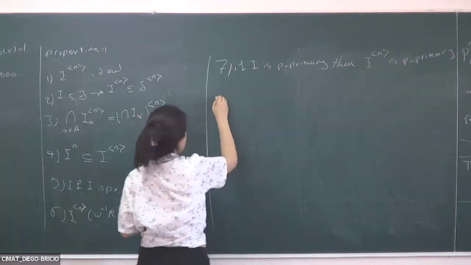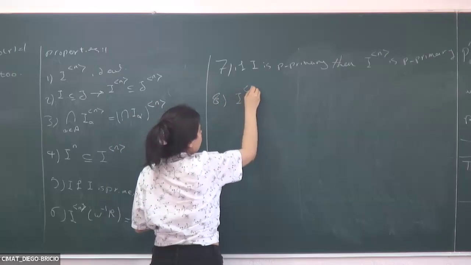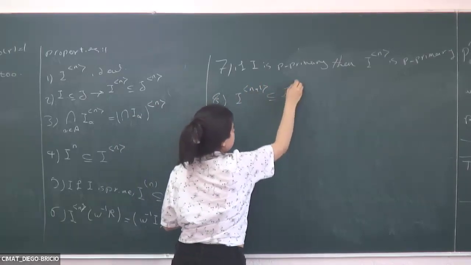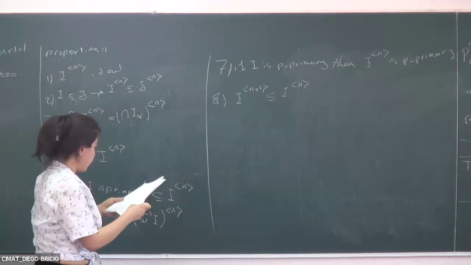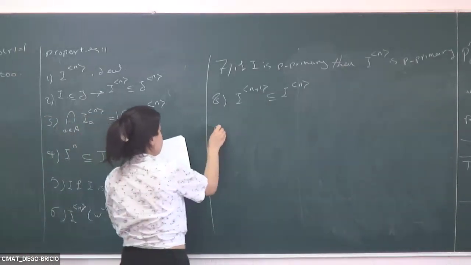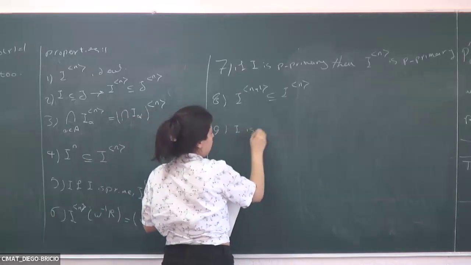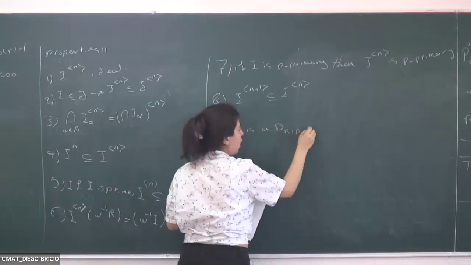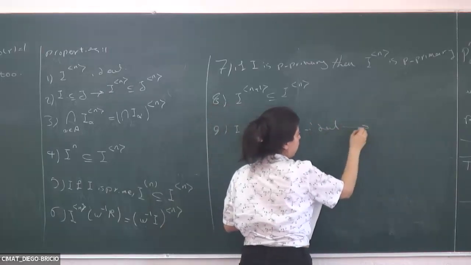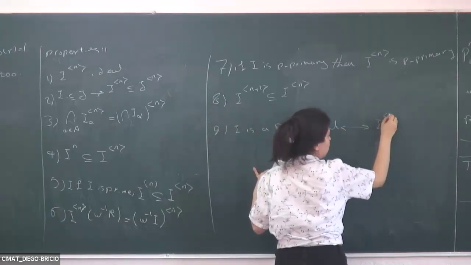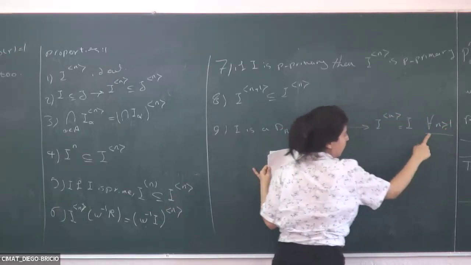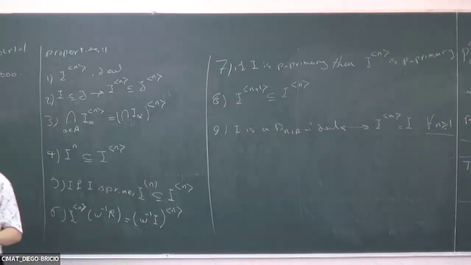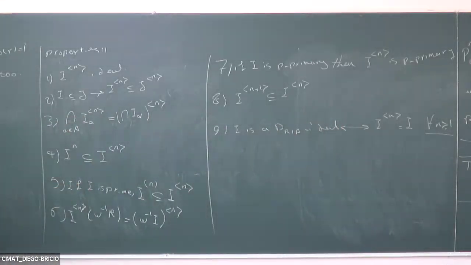What else? Okay. We have that I to the power n plus 1 is always a subset here. I is a P R over R ideal if and only if this holds for every n together. And this condition is important because it's not true if we say that just some n should be bigger or equal.